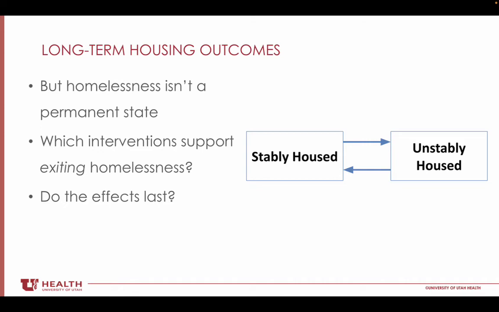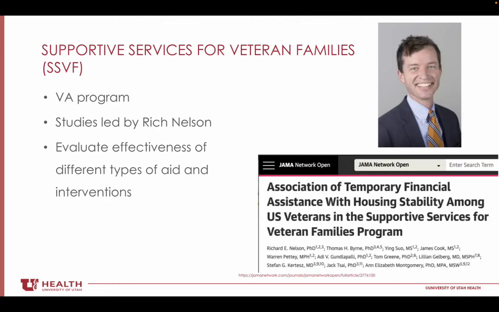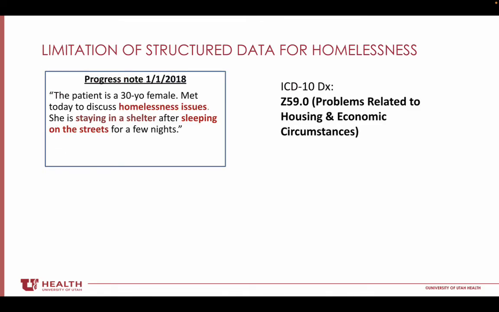So when thinking about trying to reduce housing instability, we need to think about not just can we get people housed immediately and reduce the immediate problem, but do these effects on housing stability last over time? This is a topic studied by Dr. Richard Nelson, who is one of my PIs, and he is studying a program called Supportive Services for Veteran Families, or SSVF. This looks to evaluate the effectiveness of different types of aid and interventions given to veterans who are experiencing housing instability.